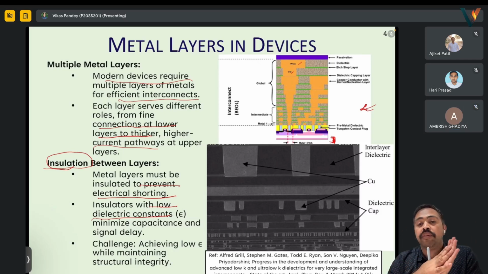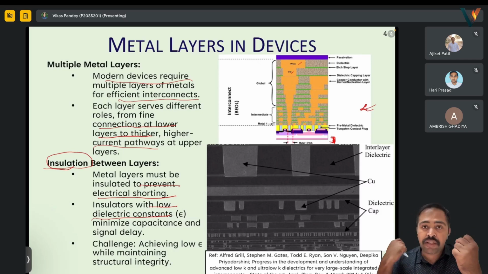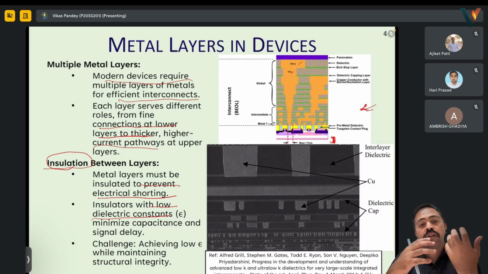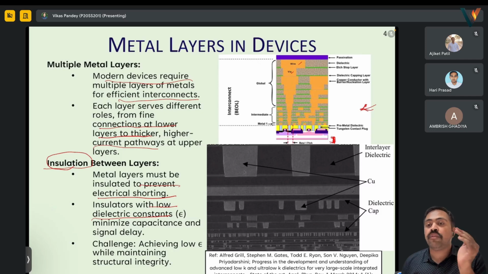When we are talking about metal lines, that means it should be conducting directly. There should be no charging or discharging. So it might act as a capacitor, and we don't want that. That's why the selection of insulator is also important, and it should have a low dielectric constant, that is, a low K material.